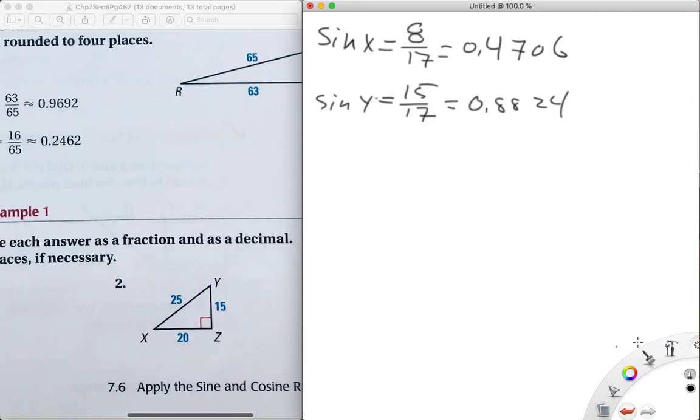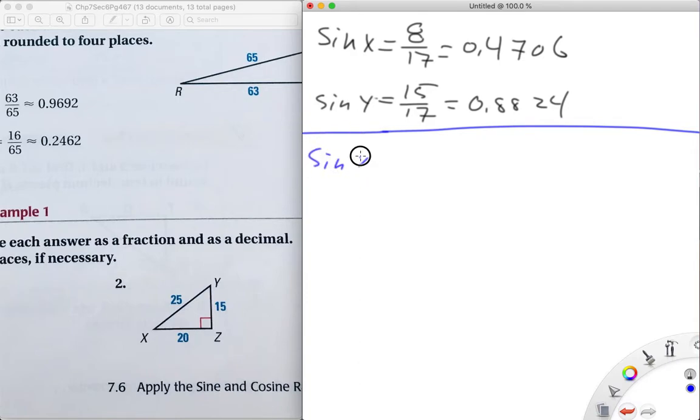Here, sine of X is opposite over hypotenuse, which is 15 over 25, which is 3/5, which is 0.6.